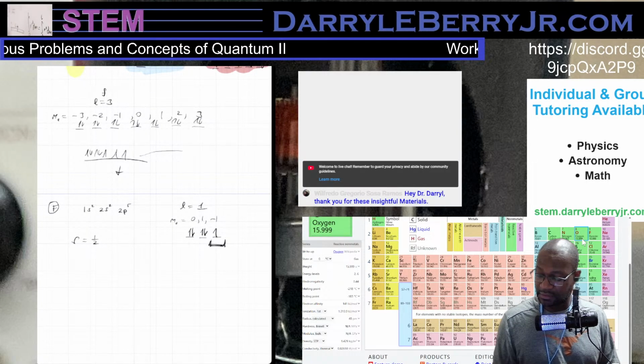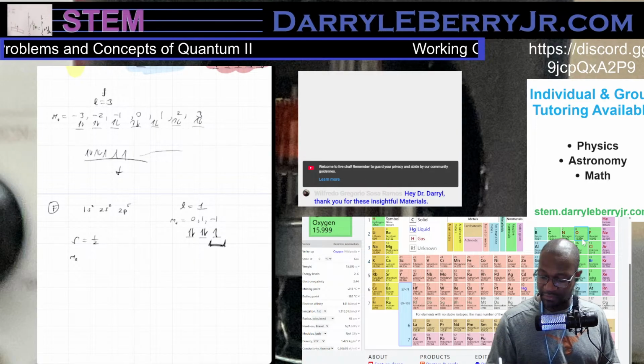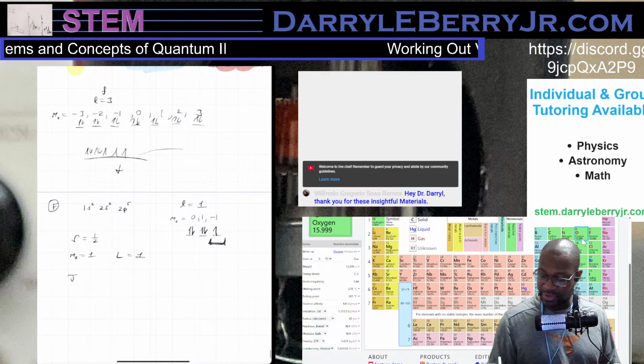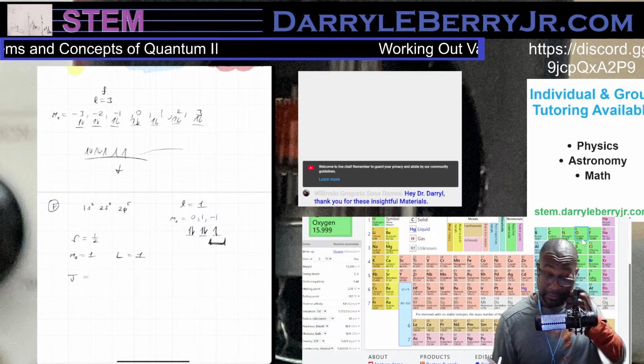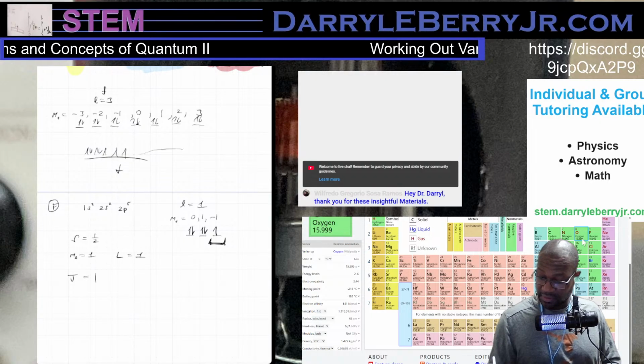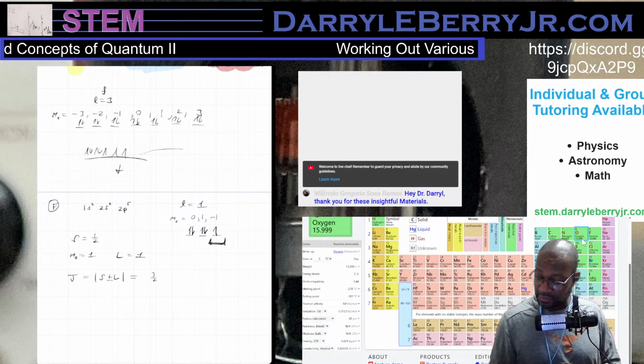And if S equals 1/2, we'll probably want to maximize the mLs. So we'll probably want to use ML equals 1, which will make big L equal 1. And that'll make J equal S plus or minus L. So that's going to be 3 over 2 and 1 over 2.